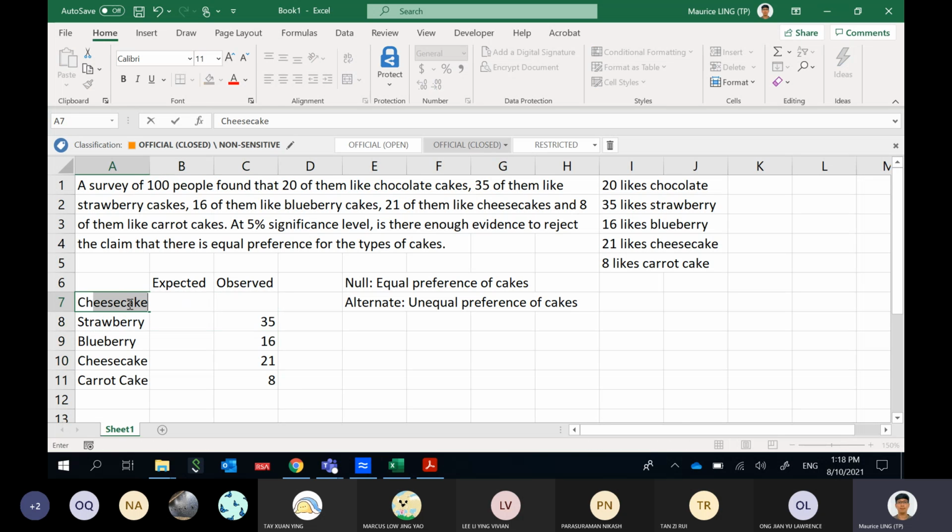Still missing one. Chocolate cake. Chocolate cake I have 20. So now I have 5 categories already. So my expected should be what? If it's equal preference, 20. Okay, so equal preference means that I expect 20 to like chocolate cake, 20 to like strawberry, and so on.